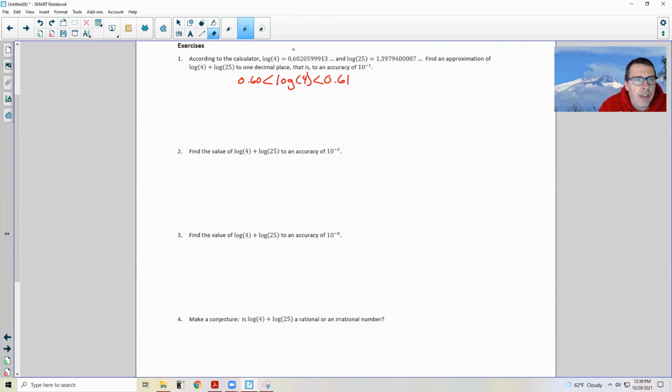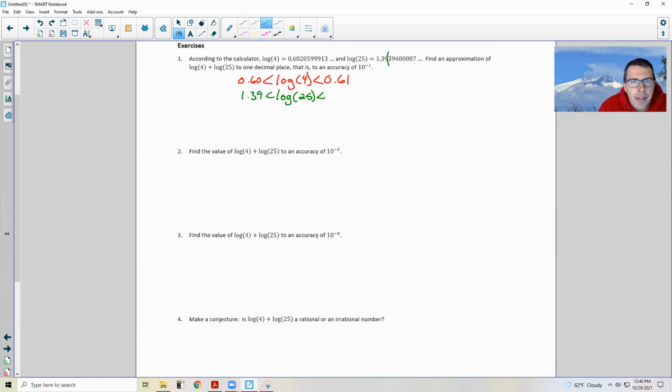Okay, so that's just rounding it to 2 decimal places. And if I do the same for the log of 25, we're going to find an upper bound and a lower bound approximation. And the lower one would be 1.40, rounding to 2 decimal places, or 1.39, I guess, if you don't round, 1.39.